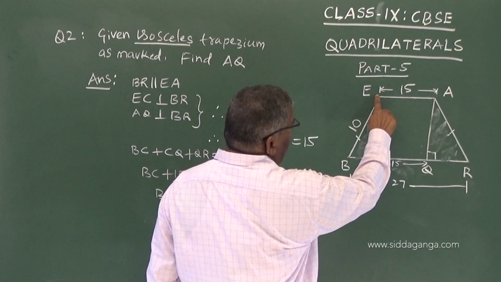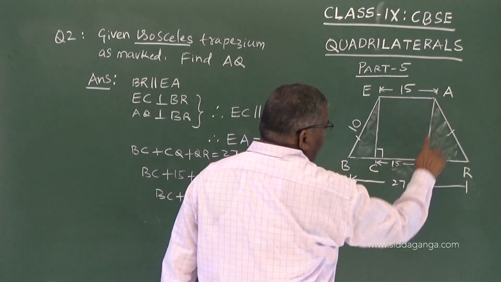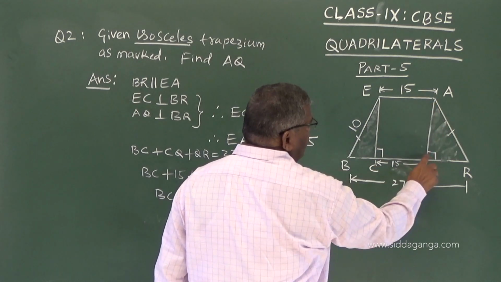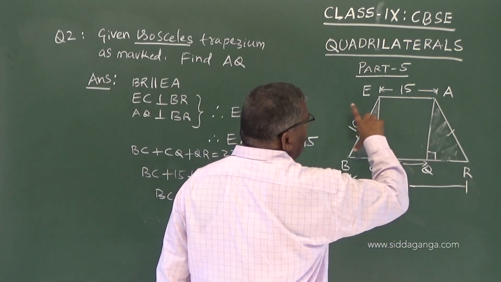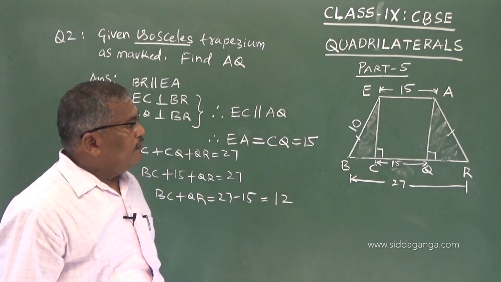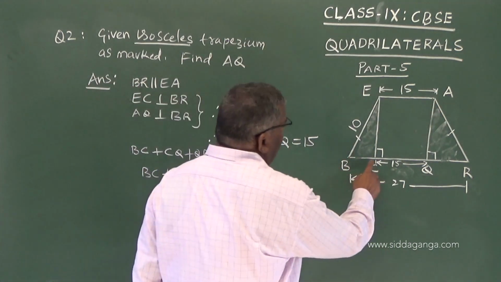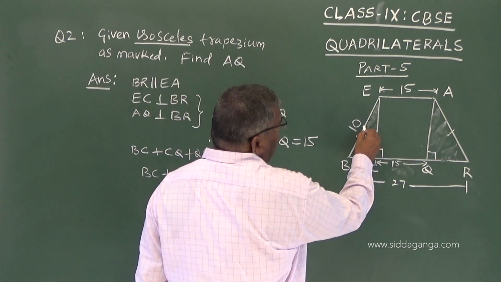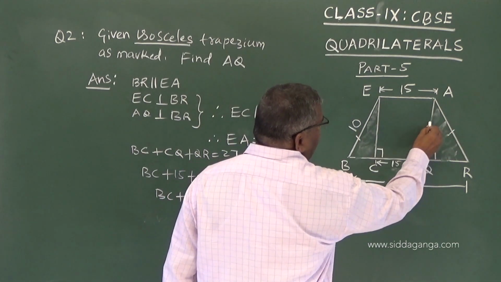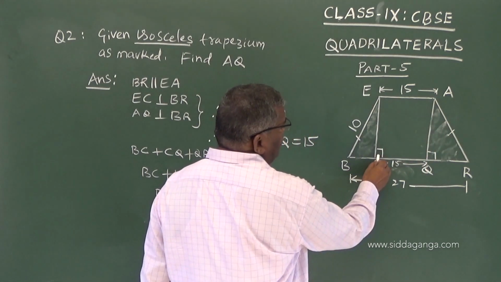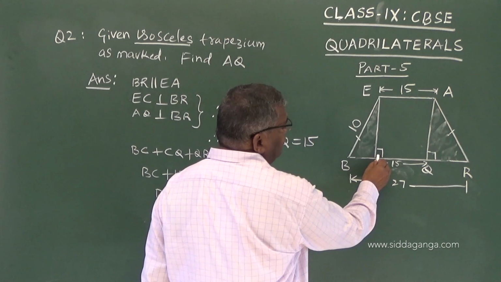So EC and AQ, these are heights, they are equal because these two lines are parallel. So here this side is equal to this side and height is equal to height, and this is 90 degrees.